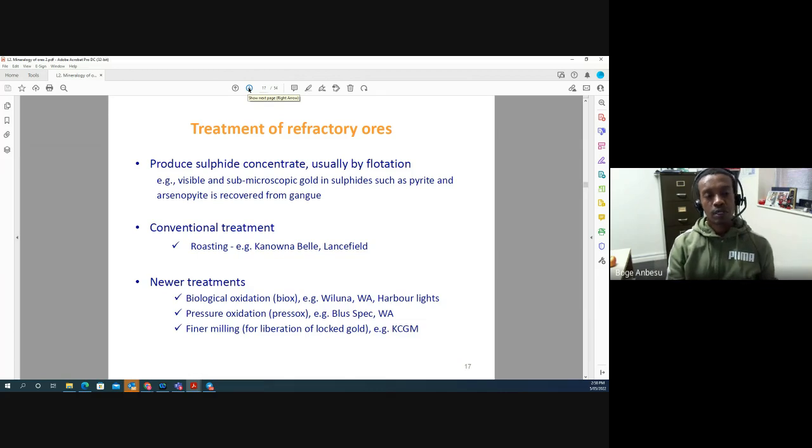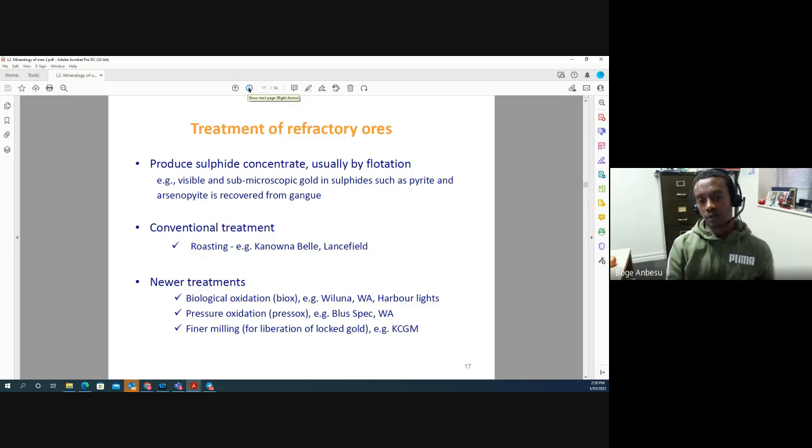So in this case, we say, okay, we know gold is hosted in the sulfides. Maybe it's finely disseminated gold in the sulfide, but regardless, instead of, for example, considering gravity separation only, you probably would be better off if you looked at flotation first.